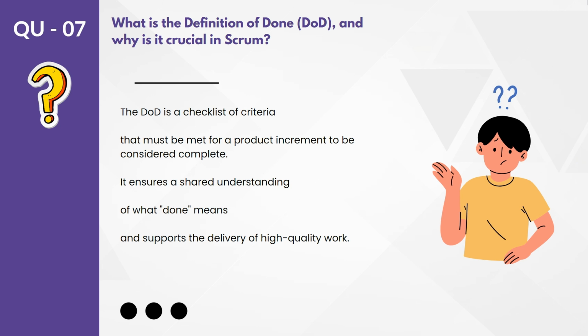So that is where you will be performing these tests on the whole increment. But the ultimate idea is that you are making sure that you are delivering a quality increment.